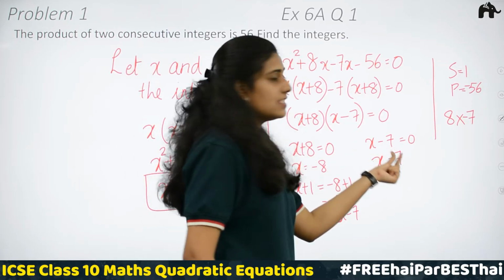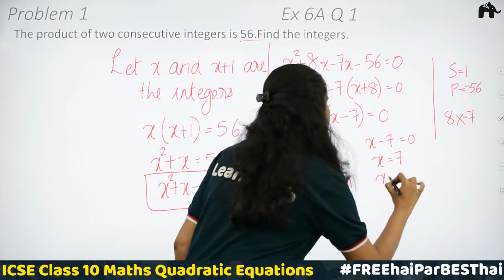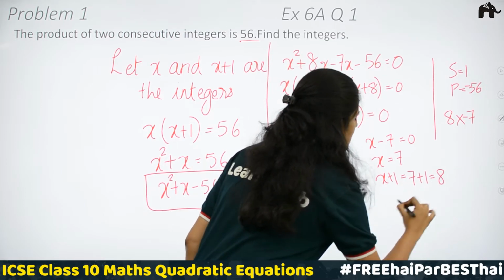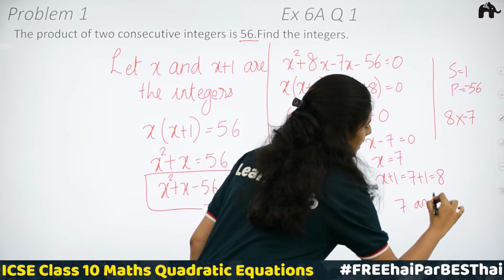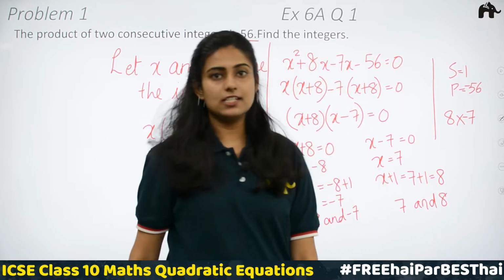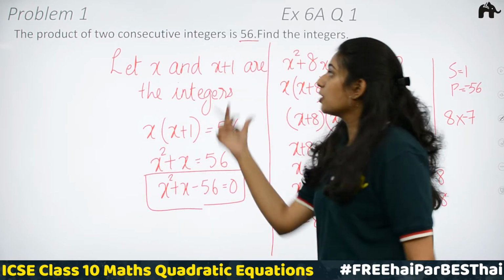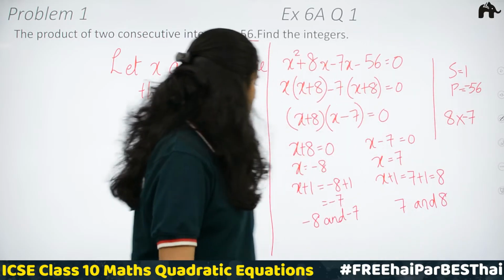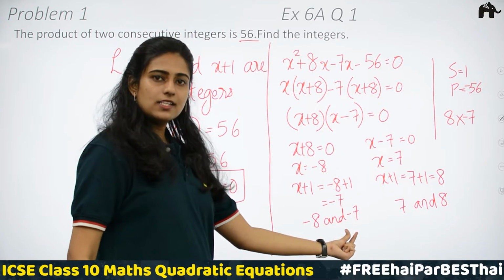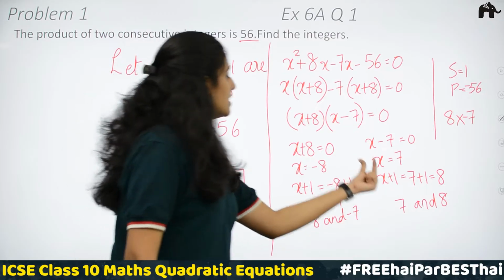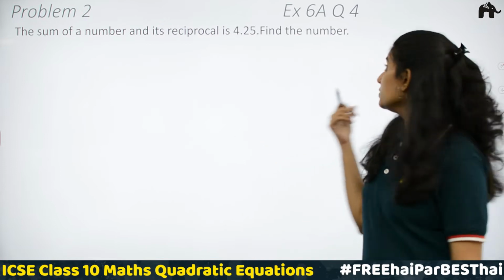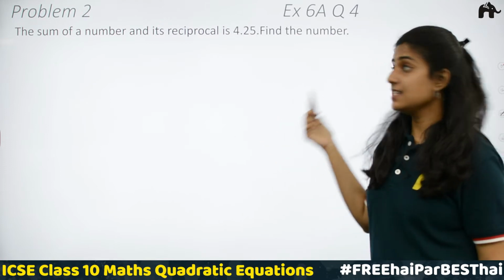Then if x is equal to 7, then x plus 1 will be equal to 7 plus 1, that is 8. 7 and 8 is the next pair of integers that can be chosen such that the product of these consecutive integers is 56. Just check this. Minus 8 into minus 7, that is 56. 7 into 8 is again 56. Clear?